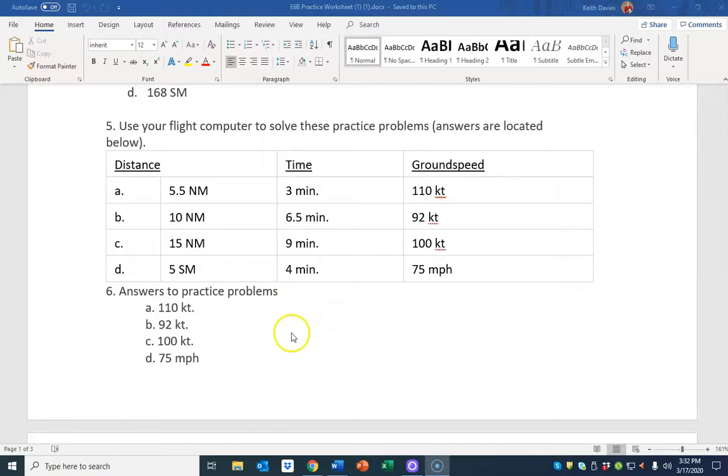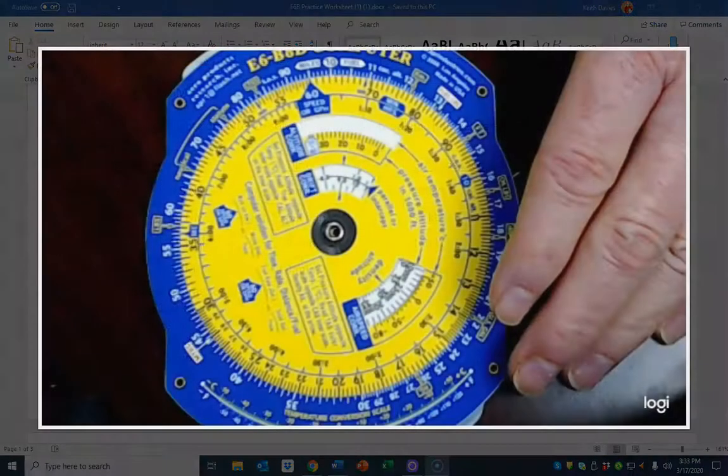Of course, if it was statute miles, it'd be minutes, and miles per hour. All right, nautical miles will be nautical miles per hour. So let's go, I'm going to go 15 nautical miles in 9 minutes. Okay, so what's my speed? All right, let's go right there.